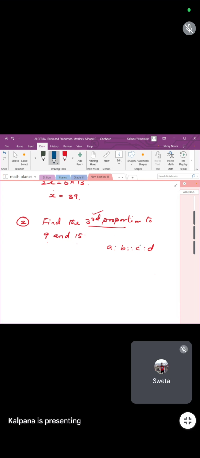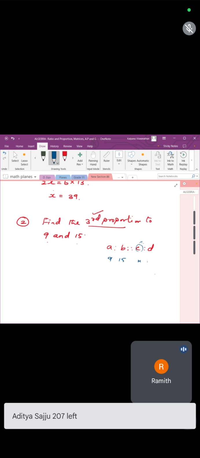You are thinking they are asking to find C, but it is wrong. It is D. You write 9 here, 15 here, and X for D. Two terms we don't know, isn't it?